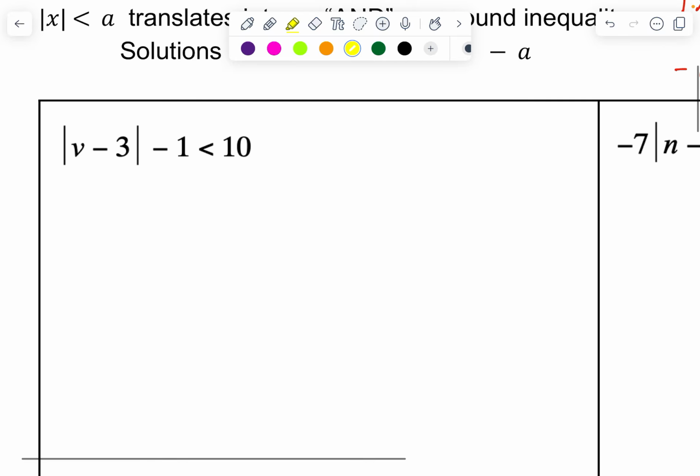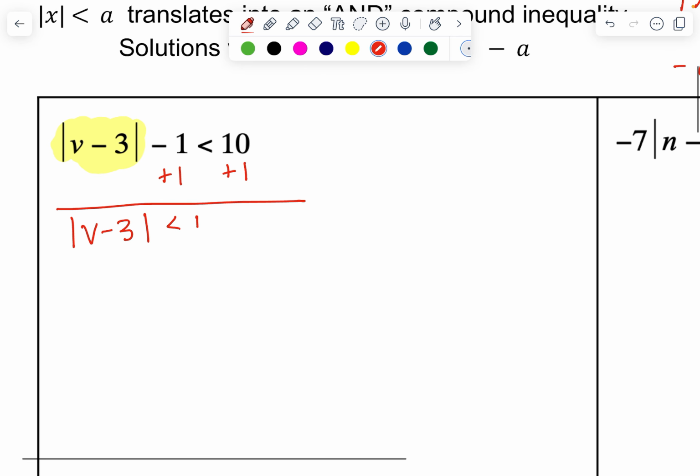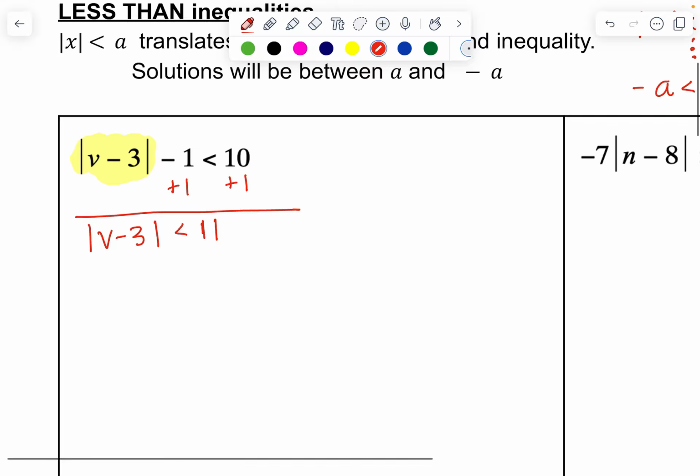First thing we want to do is we have to get this part of the expression all by itself. So we're going to add 1 to both sides. And we get the absolute value of v minus 3 less than 11. Now I can split it up because now I have the absolute value portion isolated.